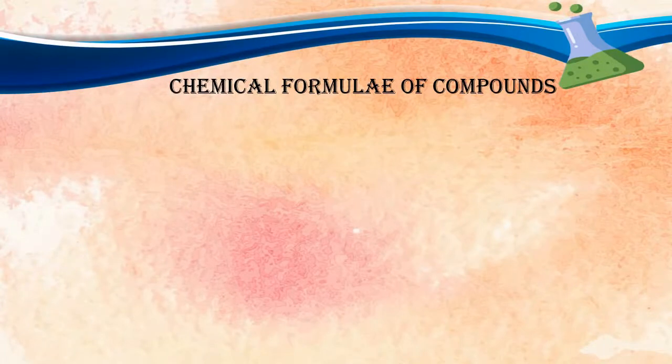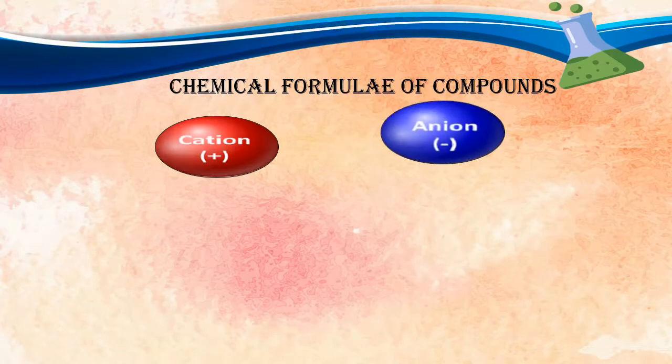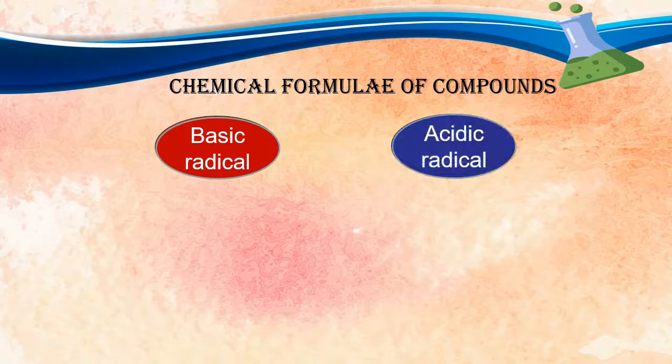The characteristic of a compound formed by an ionic bond is that its molecule has two parts. These are a cation and an anion, that is, a basic radical and an acidic radical. These are two oppositely charged ions.